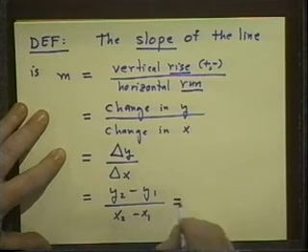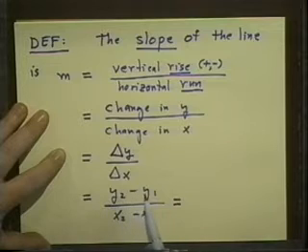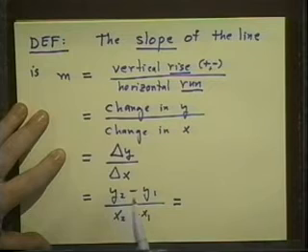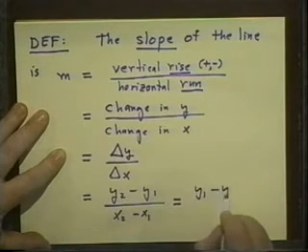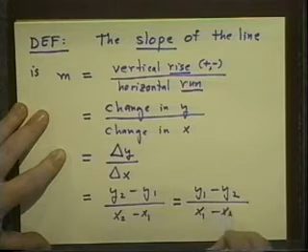And let me point out an obvious algebraic fact. If I reverse these two, that's the same as multiplying this through by negative 1, isn't it? Because then this would become negative y2, positive y1, and I could write that as y1 minus y2. Now if I multiply the bottom also by negative 1, I'd have x1 minus x2.